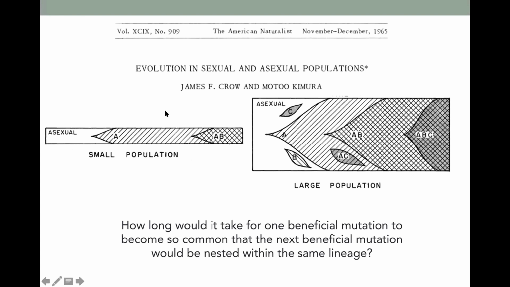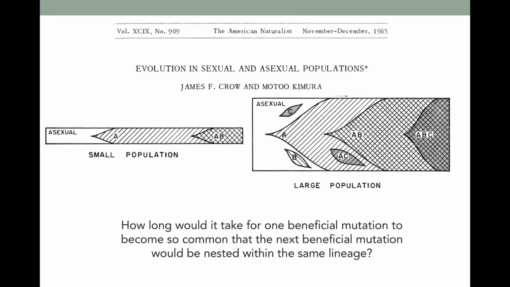And they noted that in a small population, mutations will appear and rise to fixation pretty much independently from one another over time. It's in a large population that we see selective interference because mutations can arise nearly simultaneously in very large populations, but without recombination, they will arise and potentially increase in frequency for a while, but eventually they will disappear.